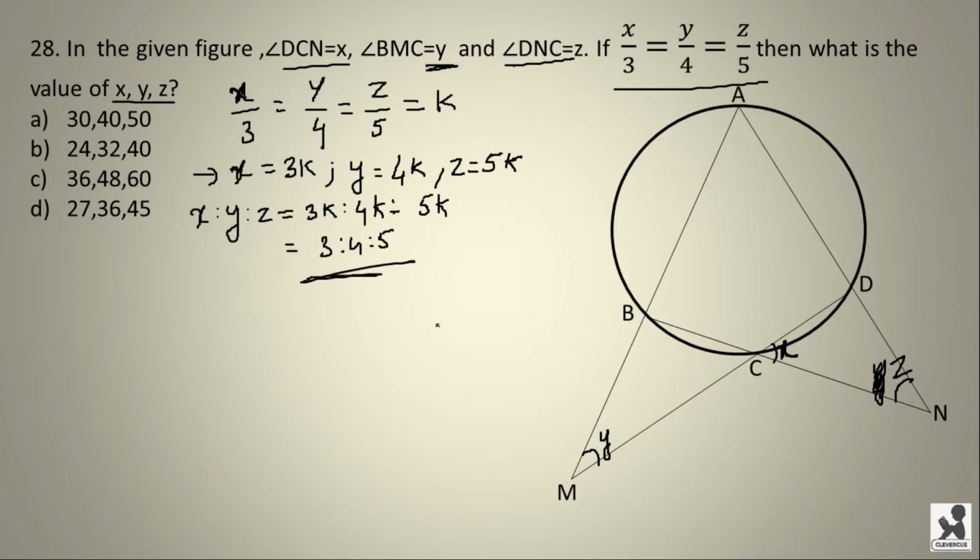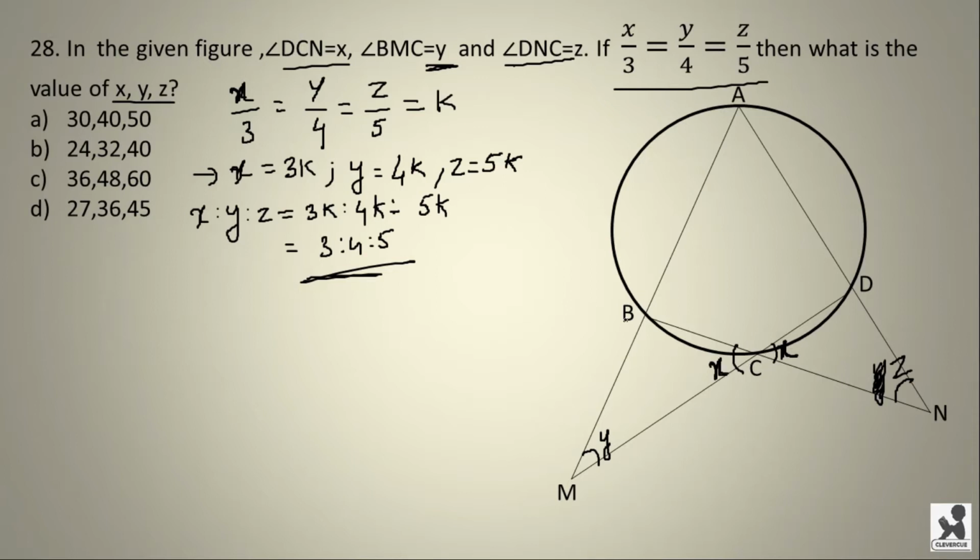Now let us come to the figure. If angle DCN is x, then angle BCM is also x, as these are vertically opposite angles.